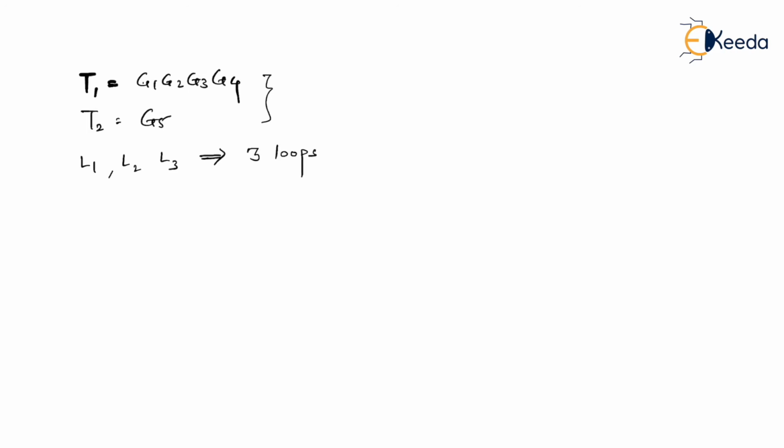So let me write everything that we have so far. We have two forward paths, that is T1, T2. T1 is equal to G1, G2, G3, G4. Then we have the second forward path, T2, simply G5. Then we had three loops, L1, L2, L3.